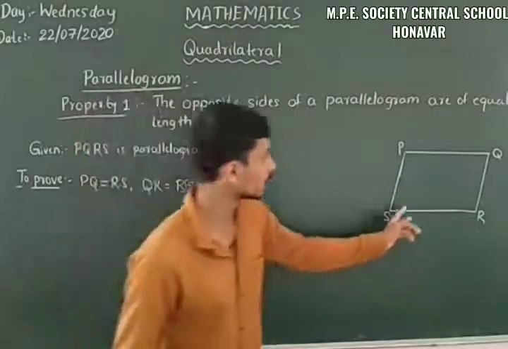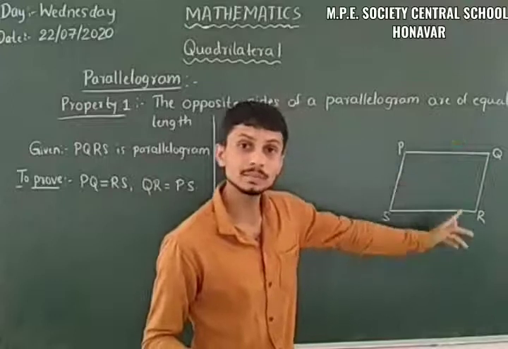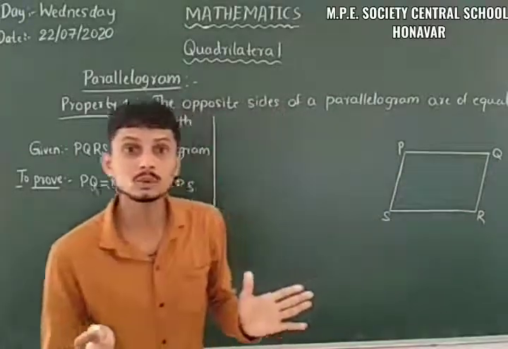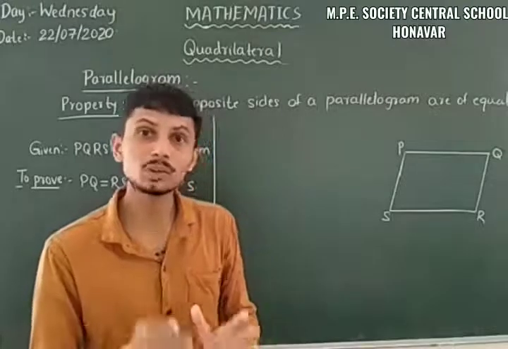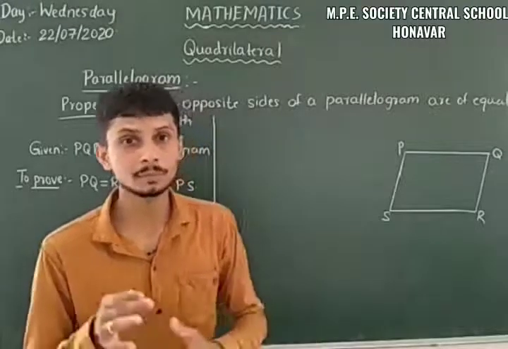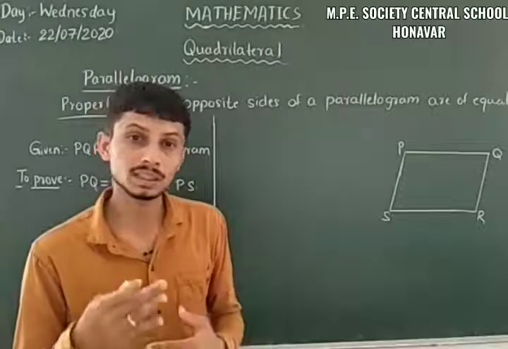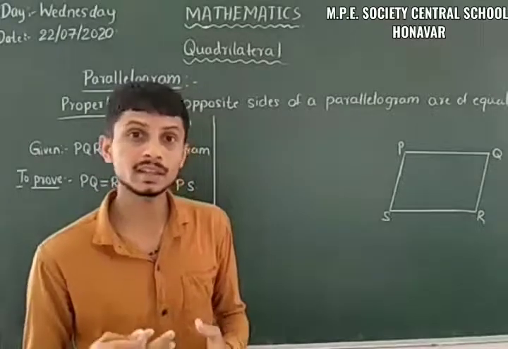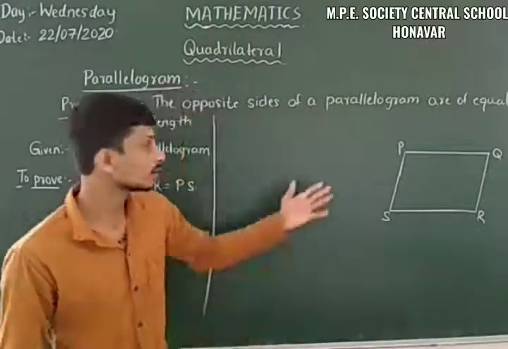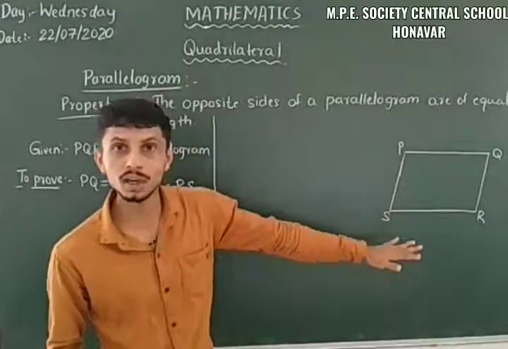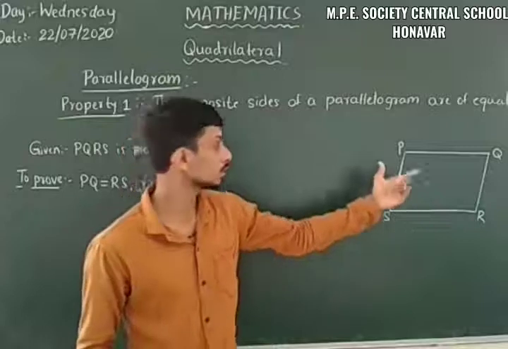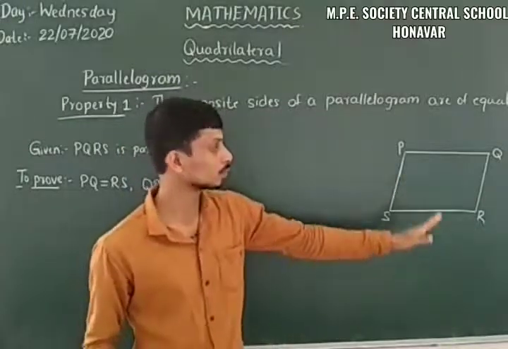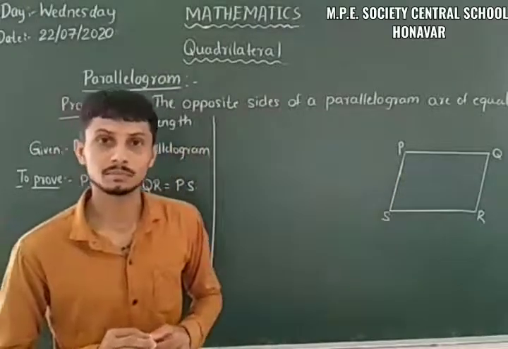After taking the two triangles, we have to take some assumptions and some criterion. After that we have to prove that those two triangles are equal, and when those two triangles are equal, that means PQ is equal to RS and PS is equal to QR.